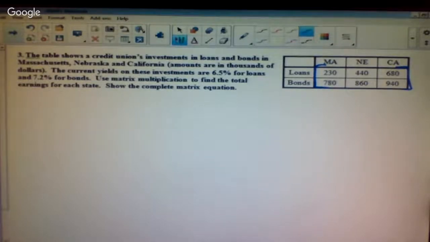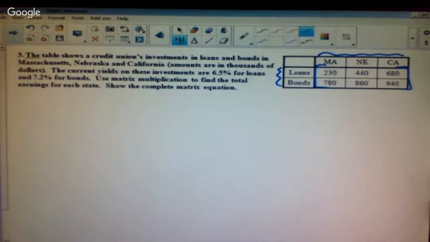You need to determine, does the matrix I need to create have to come first or come second? So take a look at this. In this matrix, my rows are loans and bonds. My columns are the states. Okay. What information are they giving me that I need to make a matrix from?